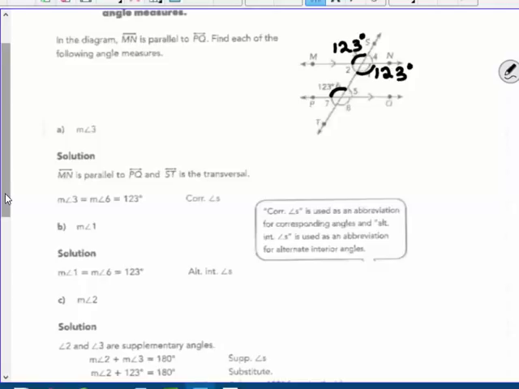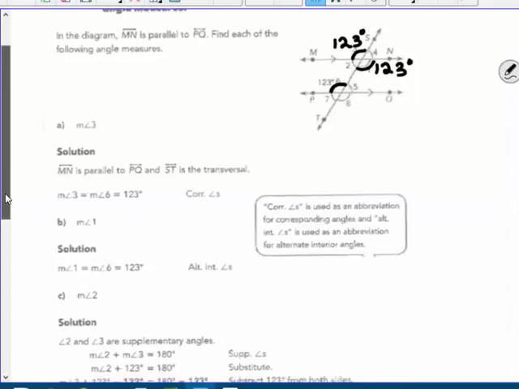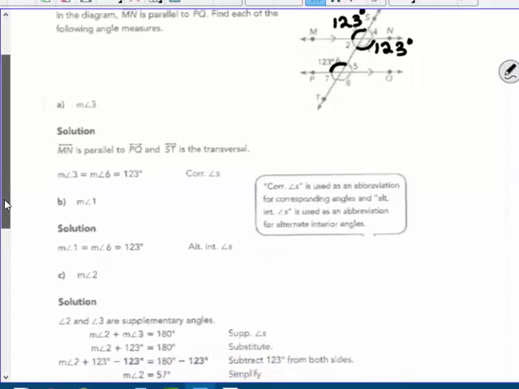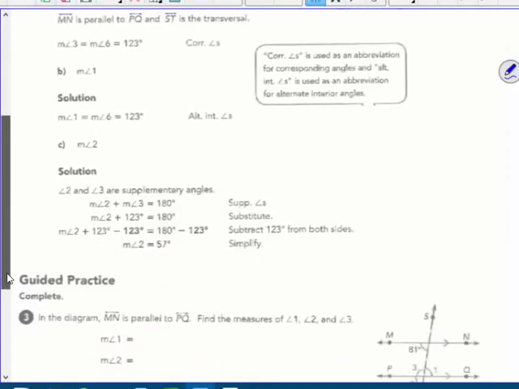And the measure of angle 2 must be a supplement, because 2 plus 3 adds to 180, so the measure of angle 2 must be the supplement of 123, so that's 57 degrees, which you can see they showed you here.